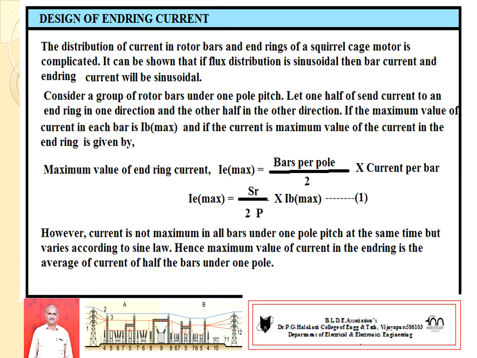Hence, actually the rotor current in all bars is not maximum at the same time, but it varies as per the sine law. Hence, the maximum value of current in the end ring is the average current of all these bars, half the bars under one pole.